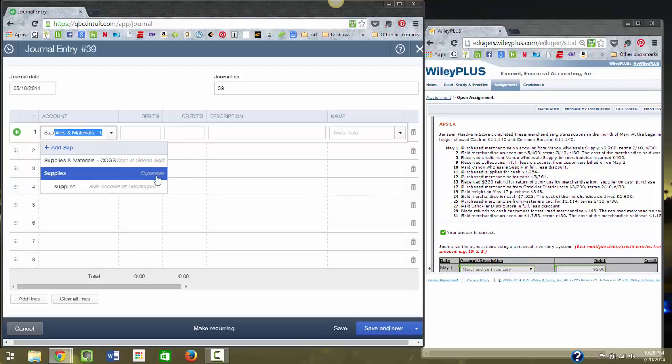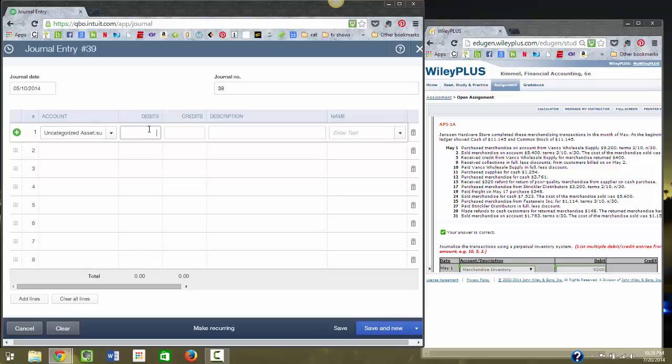I like to treat it, and what we've learned so far is we treat it as an asset. And then we can do a supply expense as an adjusted entry at the end. So I had to create a sub-account of uncategorized assets for supplies. So I'm going to use that one and not their expense category.